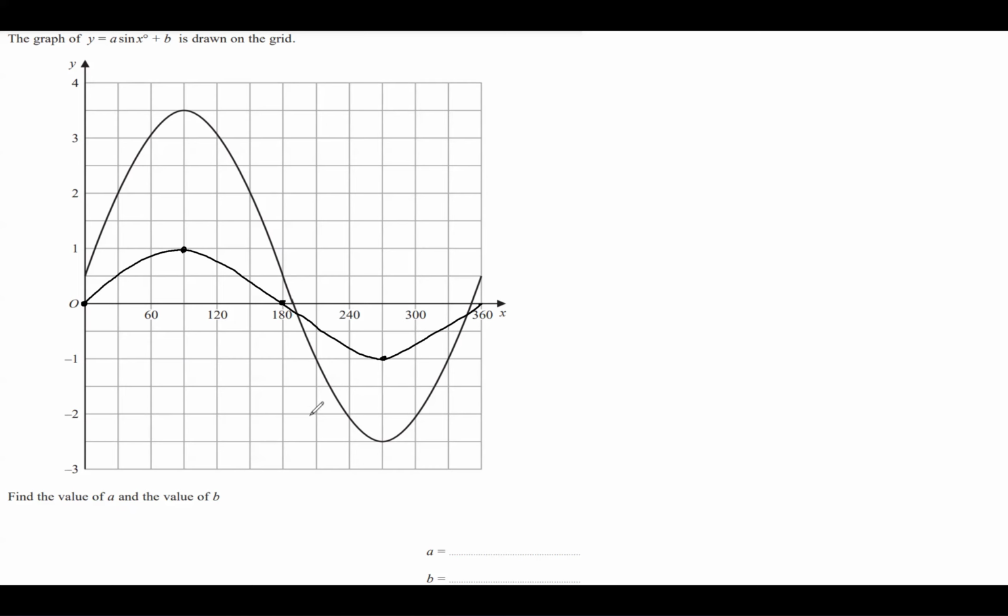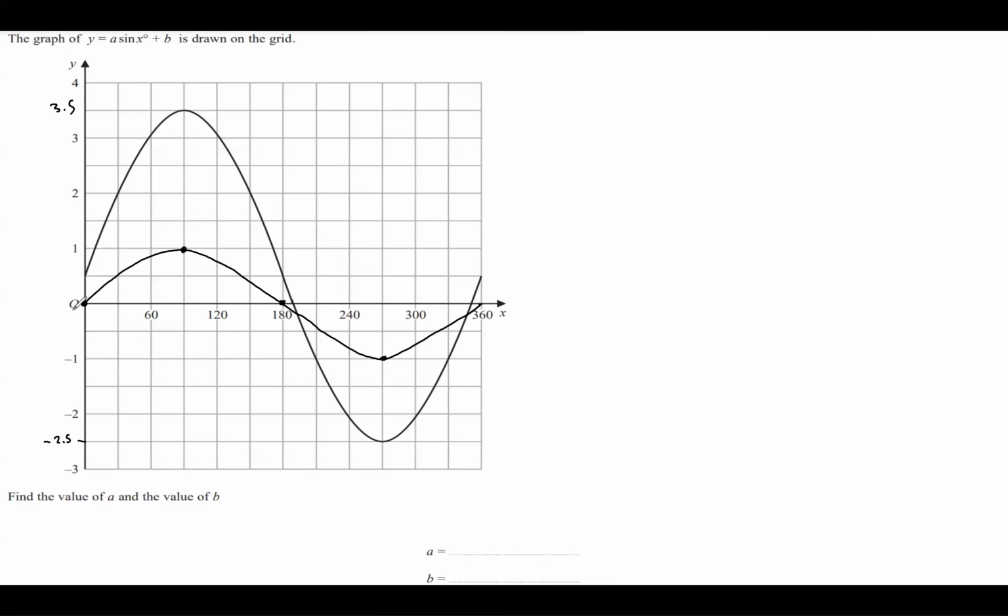Now, another thing we want to do with a question like this is to draw an x-axis so that this graph here is symmetrical. If you think about our original sine graph, there is symmetry here. So this line creates symmetry. There is a gap of 2 there, and there is a gap of 2 there. So if we have a look at the overall distance here, we are at minus 2.5 and we are finishing at 3.5.